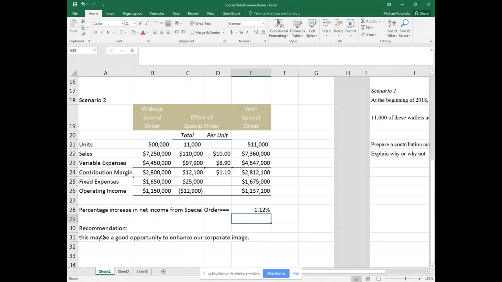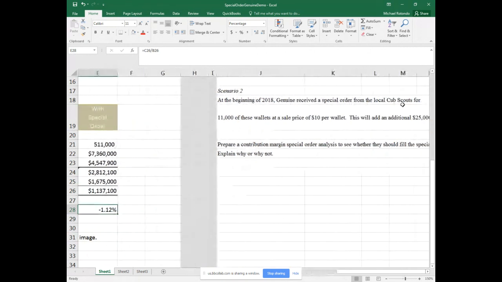Okay. So the recommendation, it says here, this may be a good opportunity to enhance our corporate image. That is the qualitative part. We may want to do this. So even though we have a reduction in our operating income of roughly 1%, we might be okay with that because it's for the Cub Scouts.